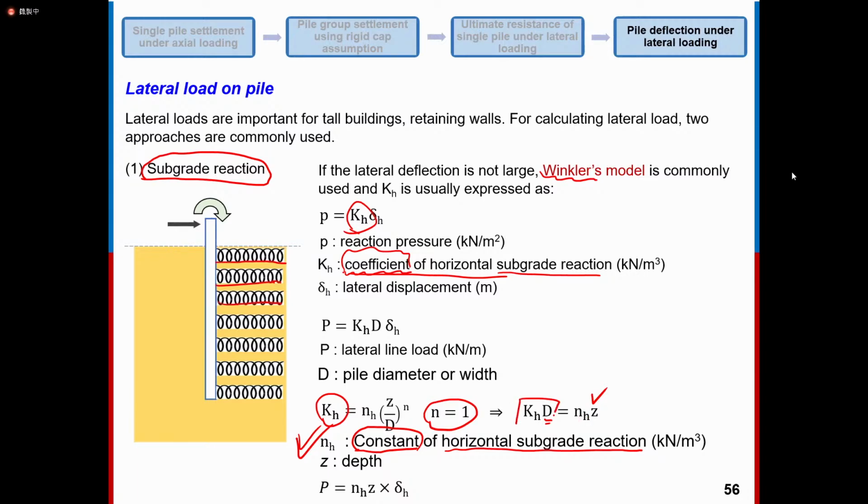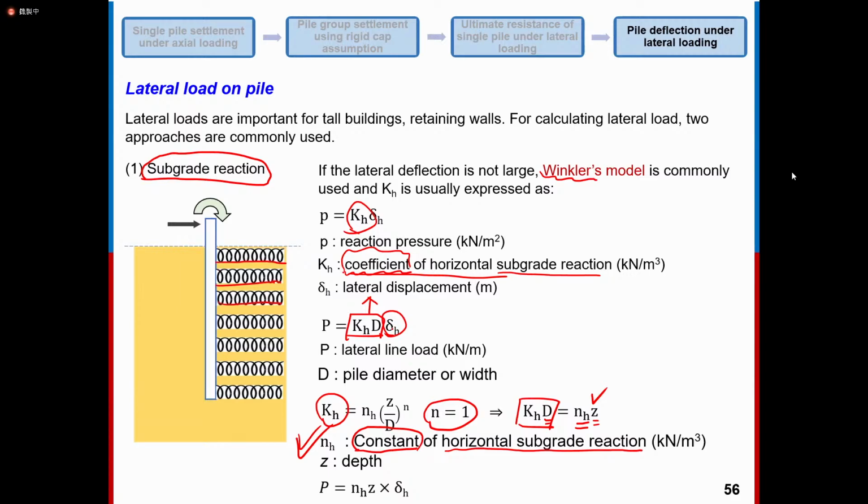If NH is a constant, KH multiplied by D will become larger with the depth, which implies that the stiffness of the soil keeps increasing with depth. You can regard this as some kind of stiffness parameter. It increases with the depth. This is very common.